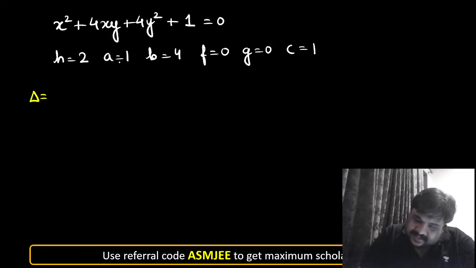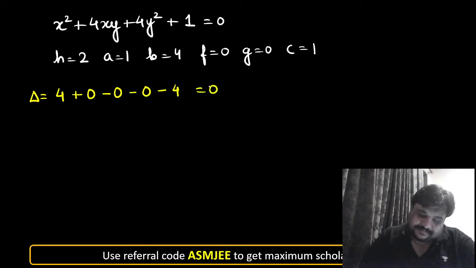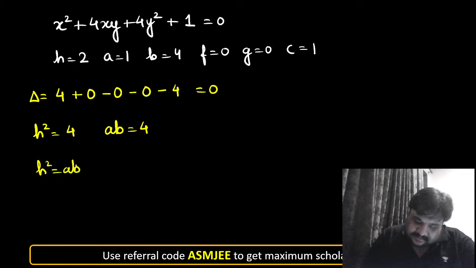So delta is ABC, which is 4, plus 2FGH which is 0, minus AF square 0, minus BG square 0, minus CH square. So delta comes out to be 0. h square comes out to be 4. AB also comes out to be 4. So it satisfies h square equal to AB and delta equal to 0. Satisfied.